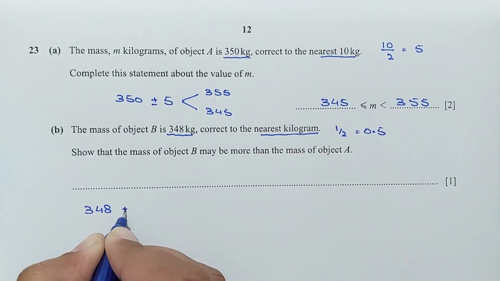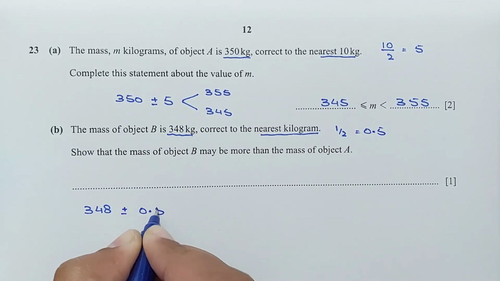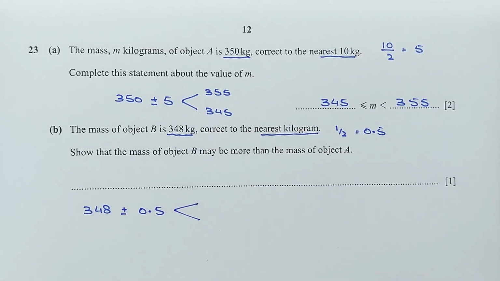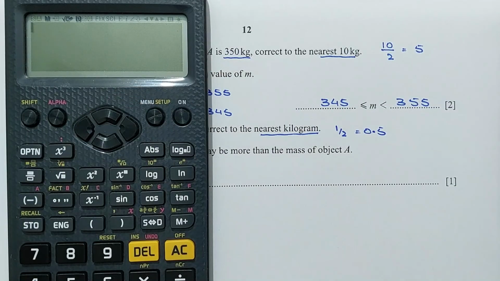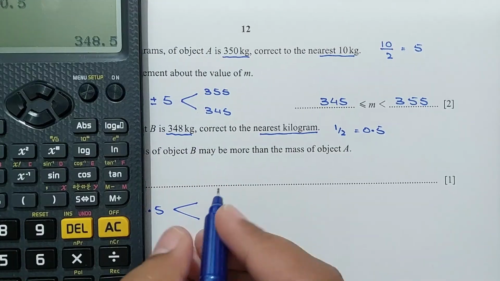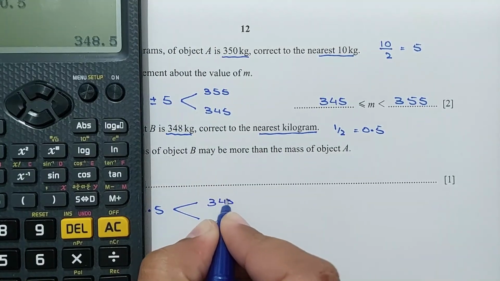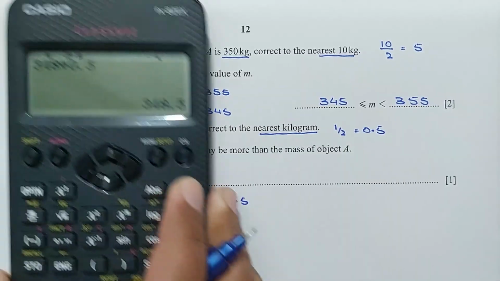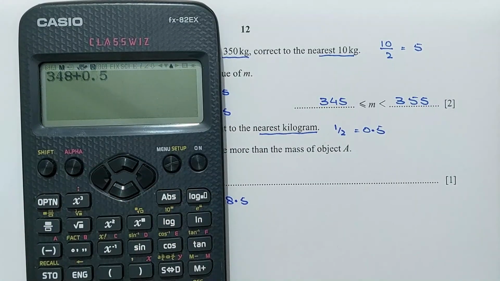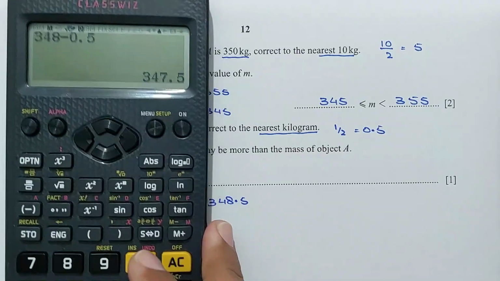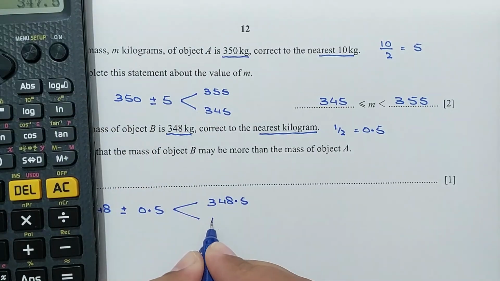So basically we have to add and subtract 0.5. In 348 add 0.5, 348.5, and in 348 subtract 0.5 is 347.5.